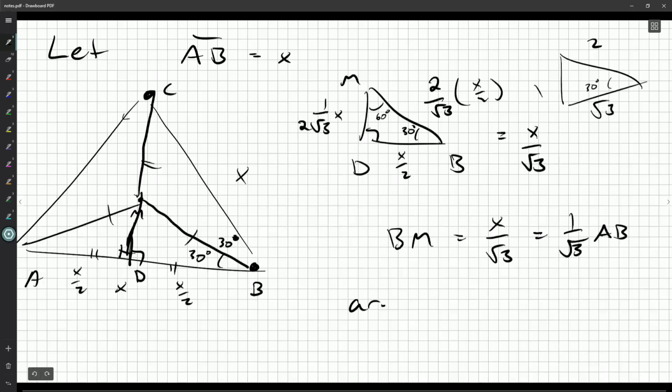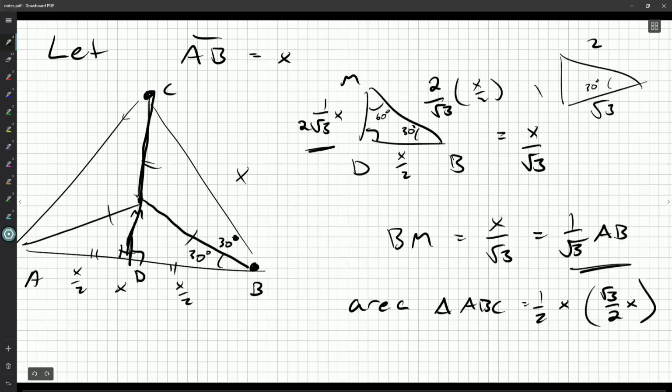So the area of triangle ABC is 1/2 base of x times CM, which is the same as BM, plus MD, which is half of that. So it should be 3/2, so root 3 over 2 AB, which again we're calling x.